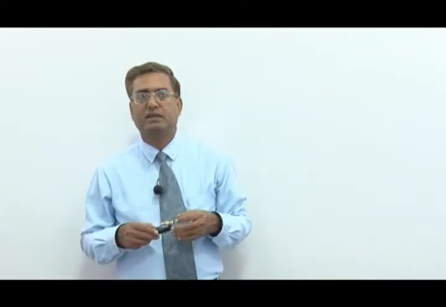So the circumferential, axial and radial strain increments can easily be calculated, that is d epsilon 1, d epsilon 2 and d epsilon 3. d epsilon 1 can be taken as dr by r, d epsilon 2 can be taken as dl by l, and d epsilon 3 can be taken as dt by t, and the corresponding loads can be calculated as P1, P2 and P3, as P3 is 0.